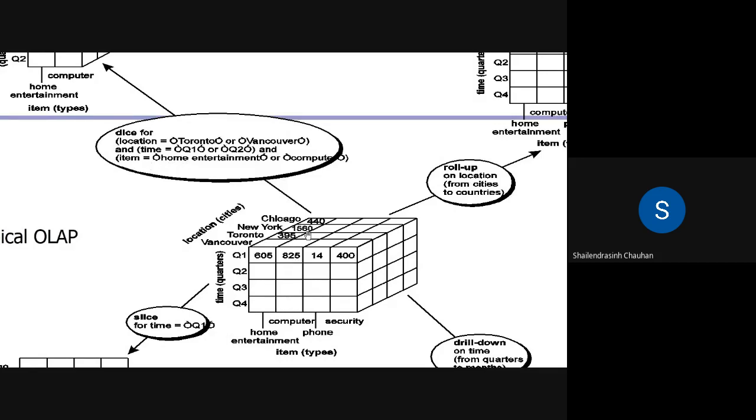Fine, so you will get this dice from this cube, which is having the data of Toronto, Vancouver cities, quarter 1, quarter 2, and home entertainment and computer items. So this dice you are going to consider from this cube.